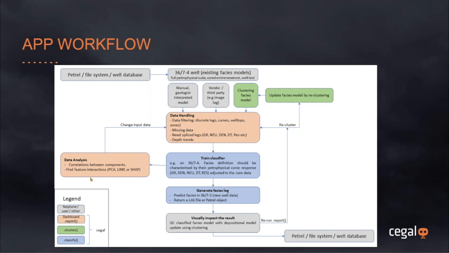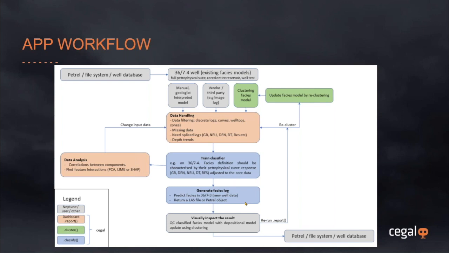You analyze it, you look at how well the model performs. If you're happy, you can move forward. If you're not, you can go back to data handling, do whatever you want to try and mitigate the problems that you see occurring in your classifier, and train it again. So this is an iterative phase where you try to optimize your classifier as much as possible.